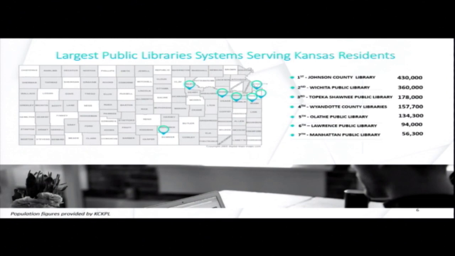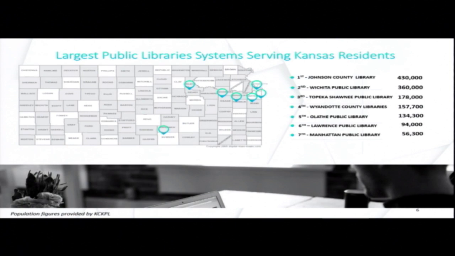So at this point, we wanted to kind of demonstrate to you that our library structure in Wyandotte County is one of the largest in the state. So here we've listed 6 or 7 of the larger municipalities in Kansas, and you can see that Wyandotte County is the largest. The first is Wyandotte County Library.